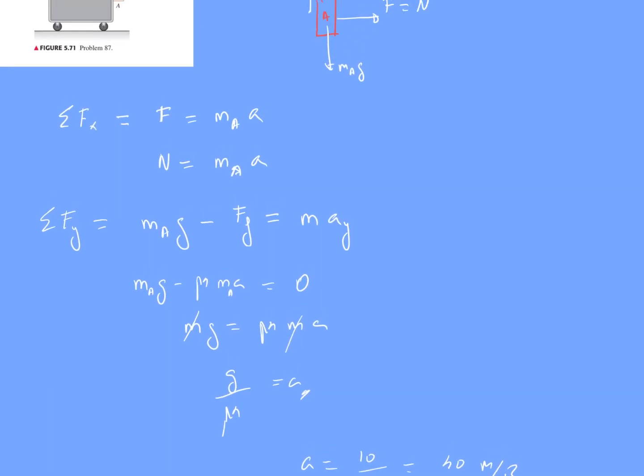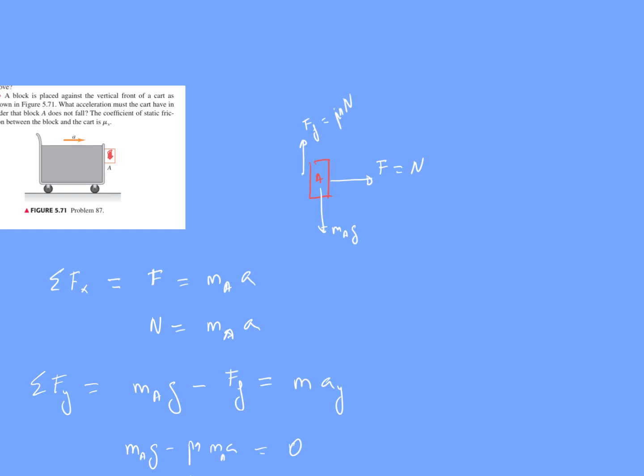Okay, so the idea is, like I said, like this. When the acceleration is bigger, the normal force increases. The normal force N is m by a, and this is the only force that exists in the x direction. When the normal force increases, the friction force increases because it's mu by the normal.